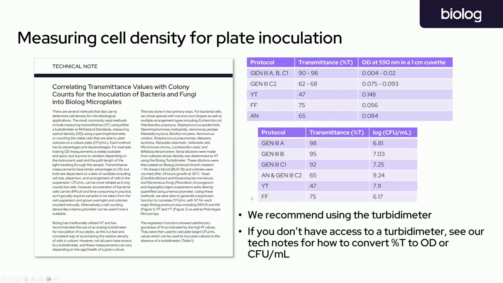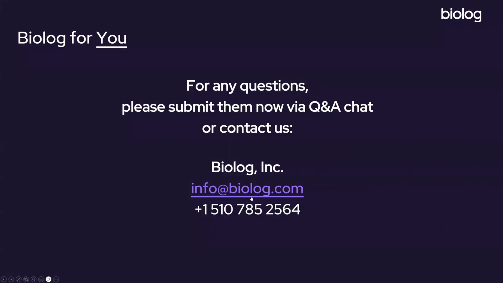The algorithm is just looking for an OD 590 value. And so even if there is some pigment production that is coincident with the dye reduction, that will just be recognized as an increased OD 590 signal in that well that is specific to that bug. So the ID should still work just fine.